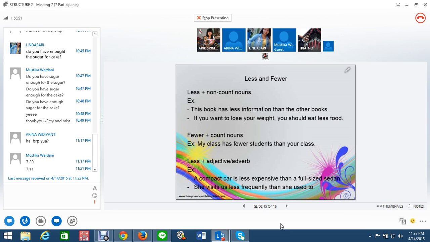If we are going to use comparative, after the comparative there should be subject and verb, and then a comma, and the second part after the comparative we have to have subject and verb.